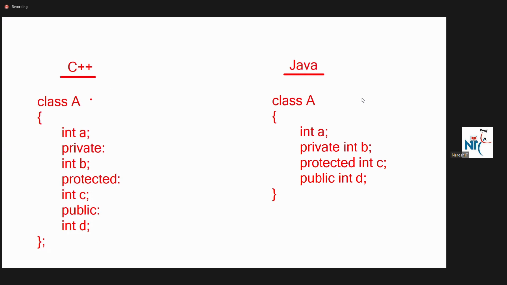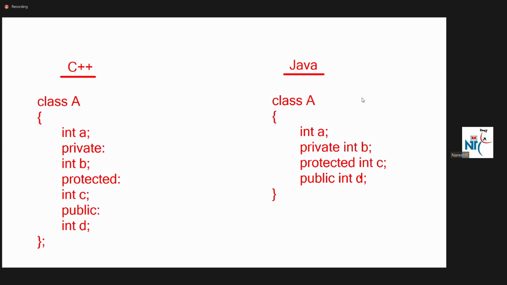Now, this B is a private variable. This C, protected variable. This D, public variable. Okay. Now, B is a private variable, C is a protected variable, D is a public variable. Here also, B is a private variable, C is a protected variable, D is a public variable.